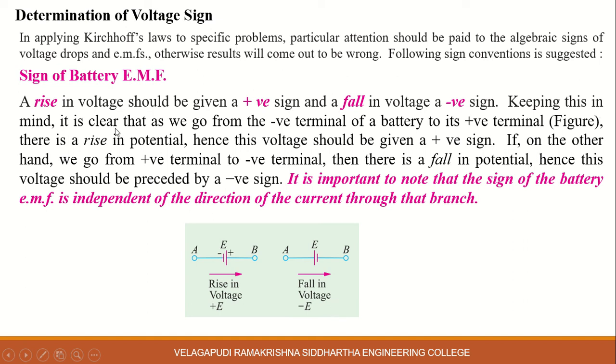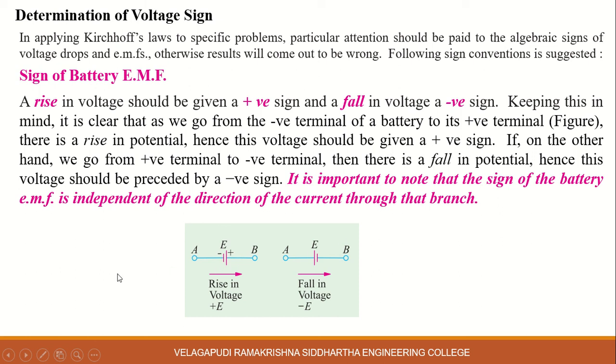Keeping this in mind, it is clear that as we go from the negative terminal of a battery to its positive terminal, as shown in the figure, there is a rise in potential, hence this voltage should be given a positive sign.